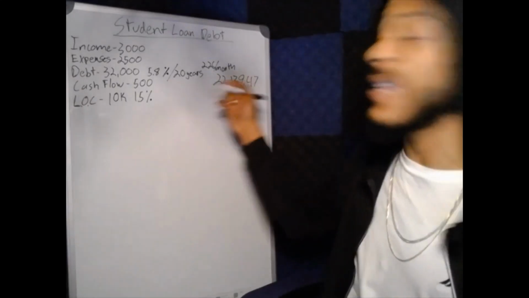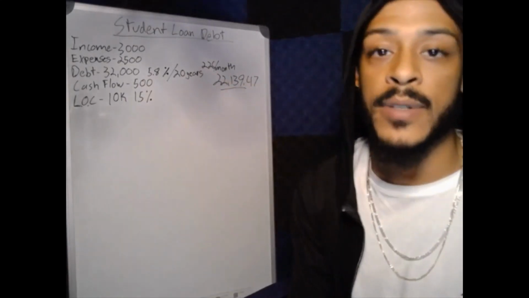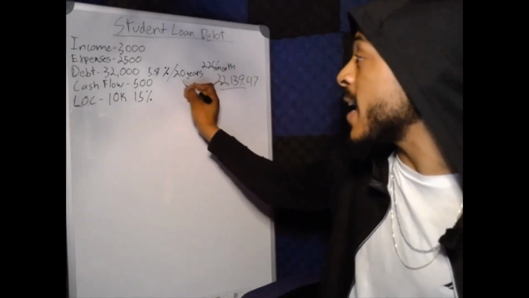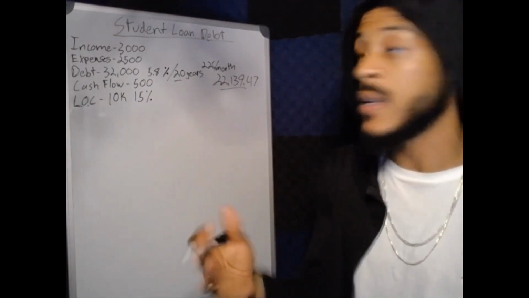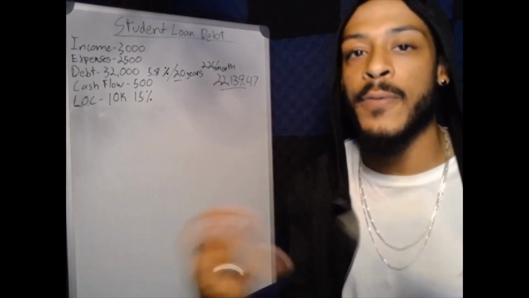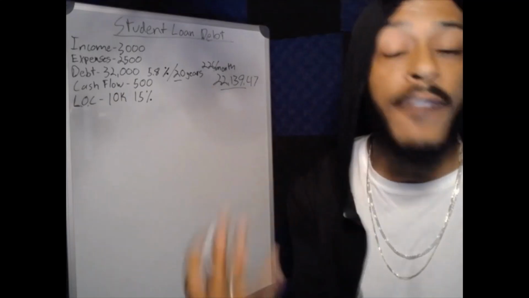So what velocity banking teaches is to not pay this 22,000, or not pay as much as the 22,000, and not take 20 years as well, not take 240 months to pay this back, right? Because debt is stressful, it's overbearing sometimes, right? And it's not embarrassing because everyone's in debt.